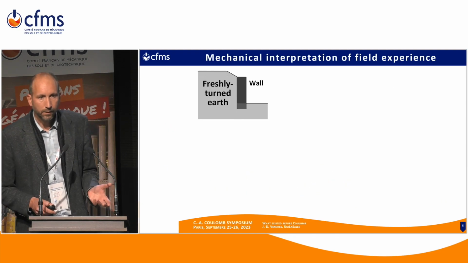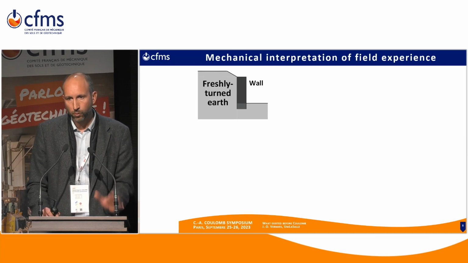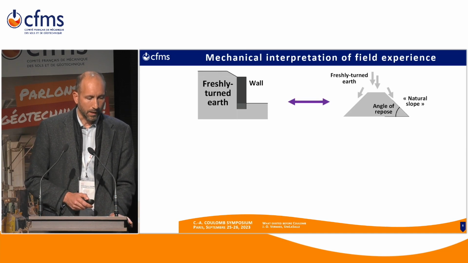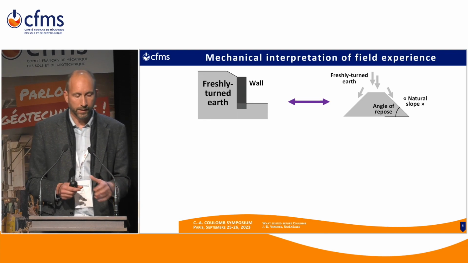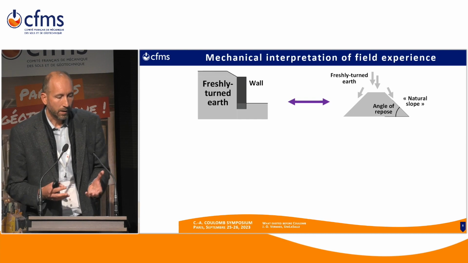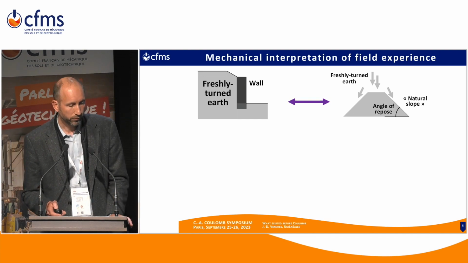So, as we said, the problem is really dedicated to freshly turned earth against walls. This is very important. For that type of soil, they knew at the time that you can have mounds characterized by a natural slope and an angle of repose.